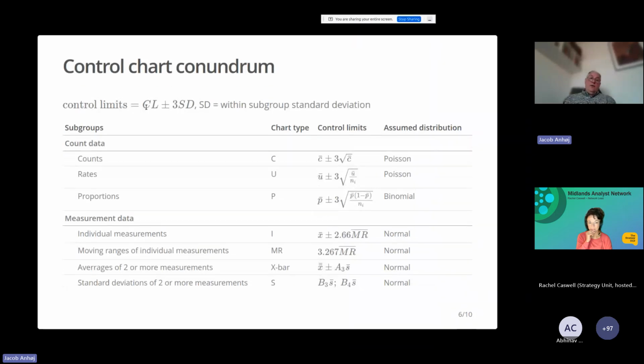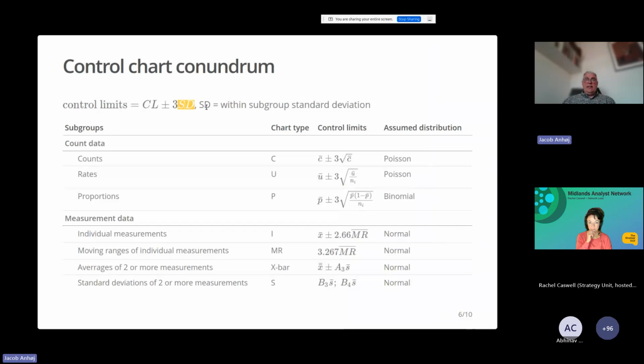What is common for all control charts is how to calculate the control limits. The control limits are always, or almost always, positioned at 3 standard deviations below and above the center line. And the center line is the average or the median of the process. So the trick is, how do we calculate SD, standard deviation?